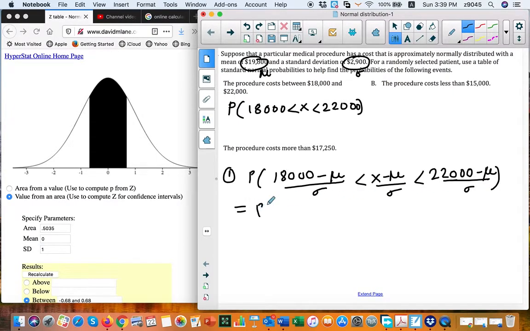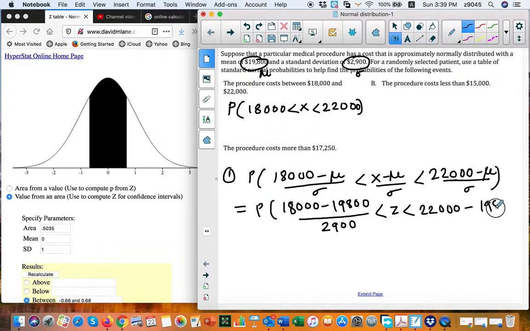This gets converted to the probability of 18,000 minus mu, which is 19,800, divided by sigma, which is 2,900, less than z, less than 22,000 minus mu, which is 19,800, divided by sigma, 2,900.